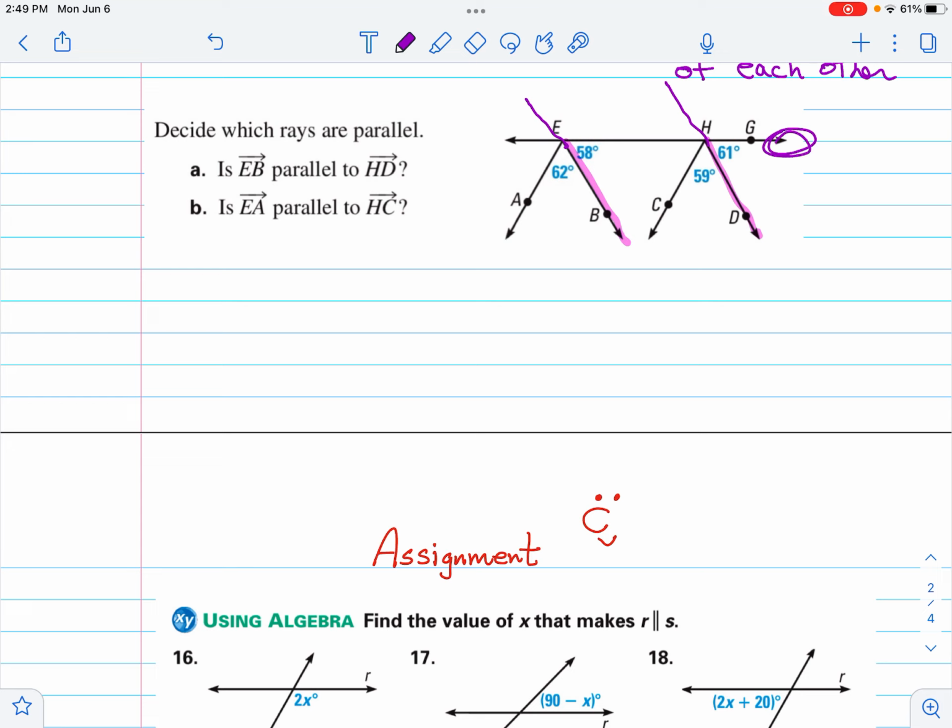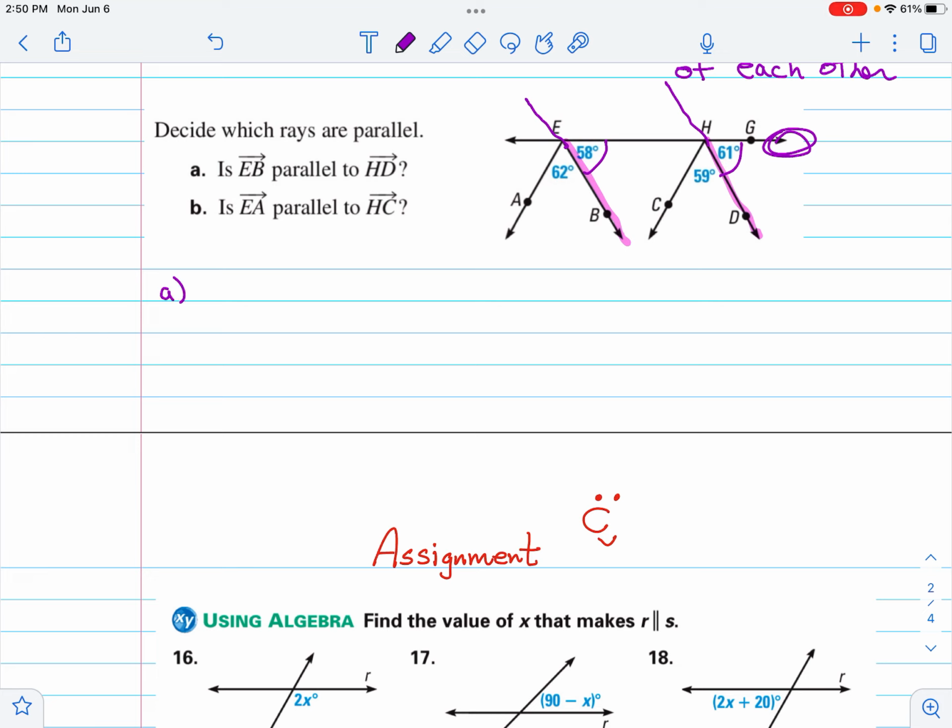Well, then these corresponding angles need to be congruent. And they're not. Look, this is 58 degrees and this is 61 degrees. Therefore, those lines are not parallel. We could tell if they're parallel if the corresponding angles are congruent.